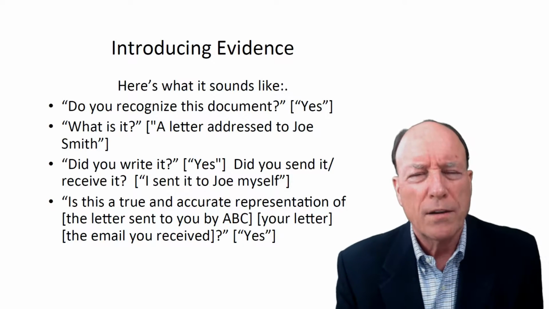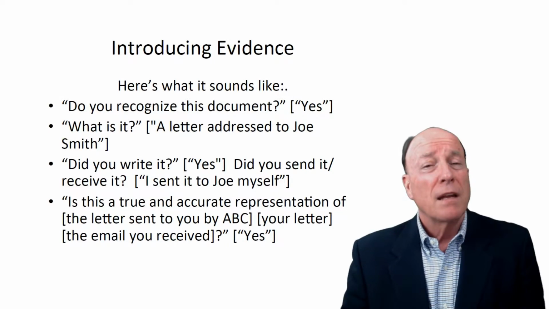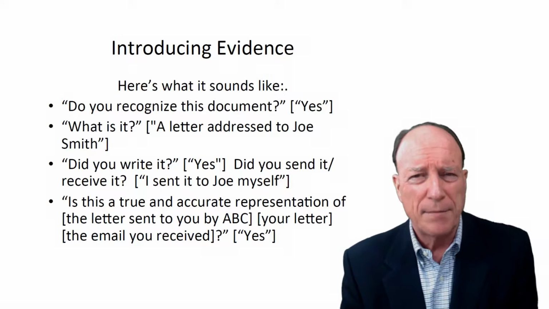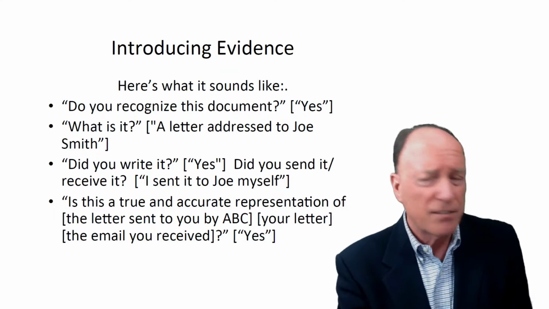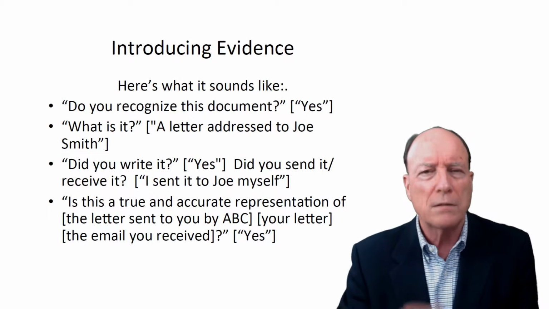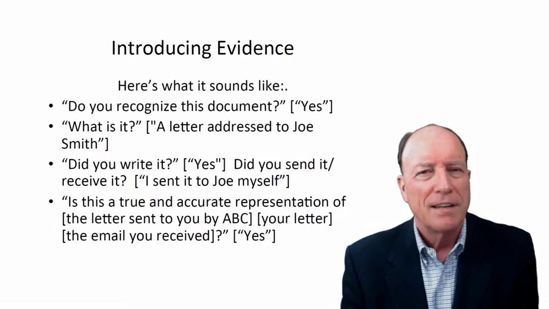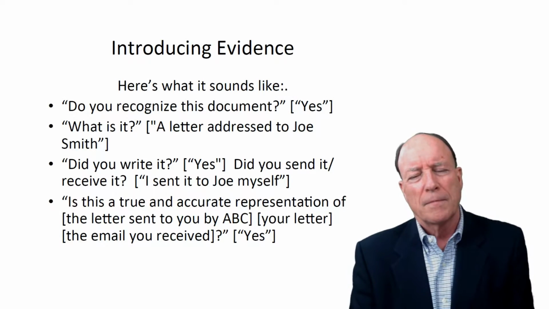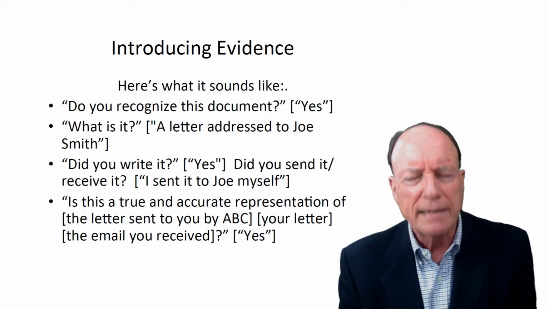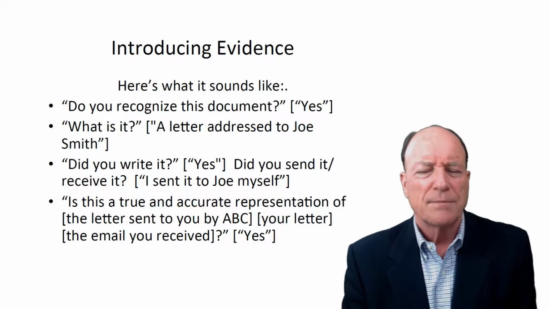Let's walk through what this will sound like. I'm conducting a direct examination of a witness. I've asked the arbitration panel if I may approach the witness, so I've walked up to the witness stand and handed a piece of paper to my witness. Ms. Smith, do you recognize this document? She says yes.